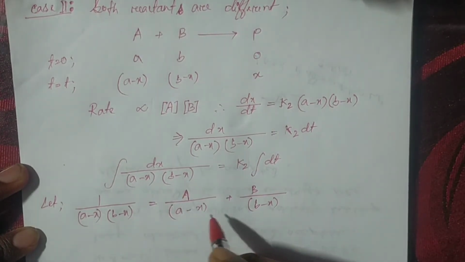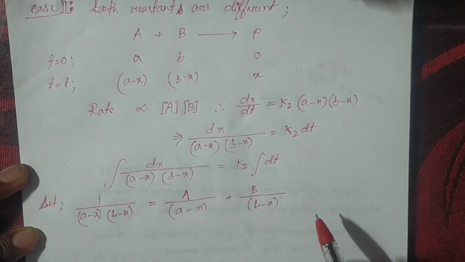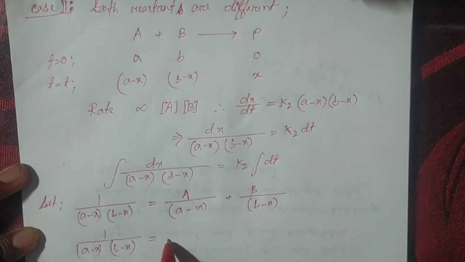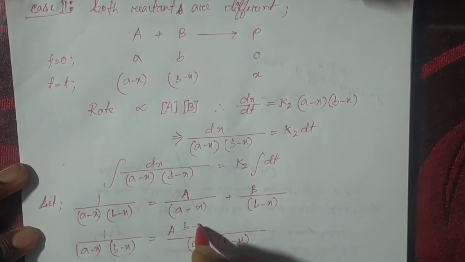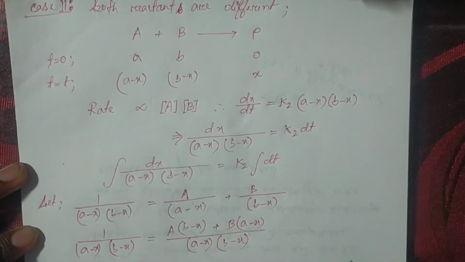We are just considering that, so let this part. Okay, then we can write 1 by (a minus x)(b minus x), and here if we sum these two parts it will be A(b minus x) plus B(a minus x).